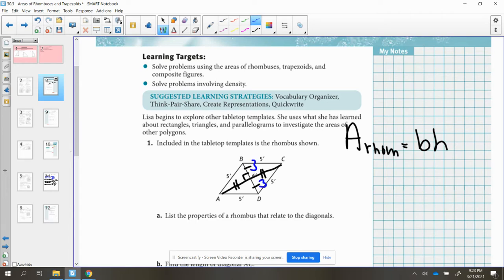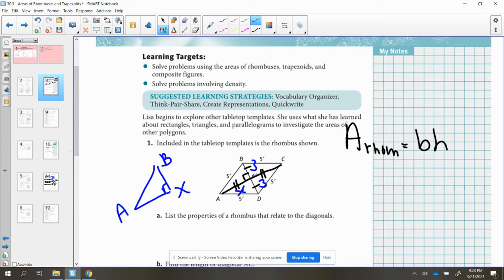And because of that perpendicular bisector nature and that right angle, to figure out this missing piece here, we could use the Pythagorean theorem, because right now we have this right triangle.